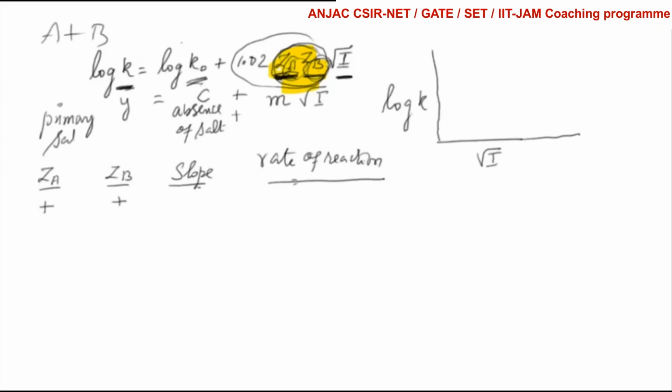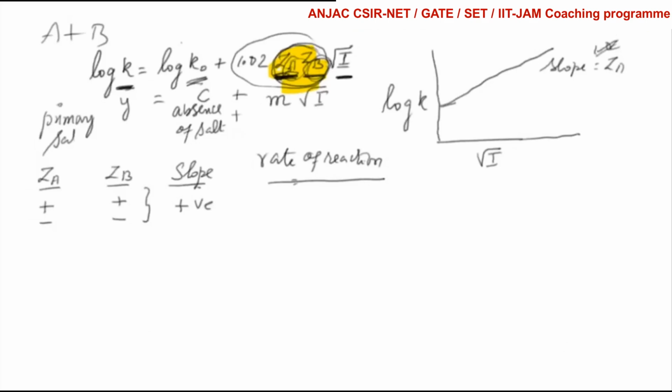Now let us assume ZA and ZB both have the same sign, that is plus plus or minus minus. Now the net multiplication of ZA and ZB will give a positive slope. For such a reaction, the straight line would have a positive slope, and the slope is equal to 1.02 ZA ZB.